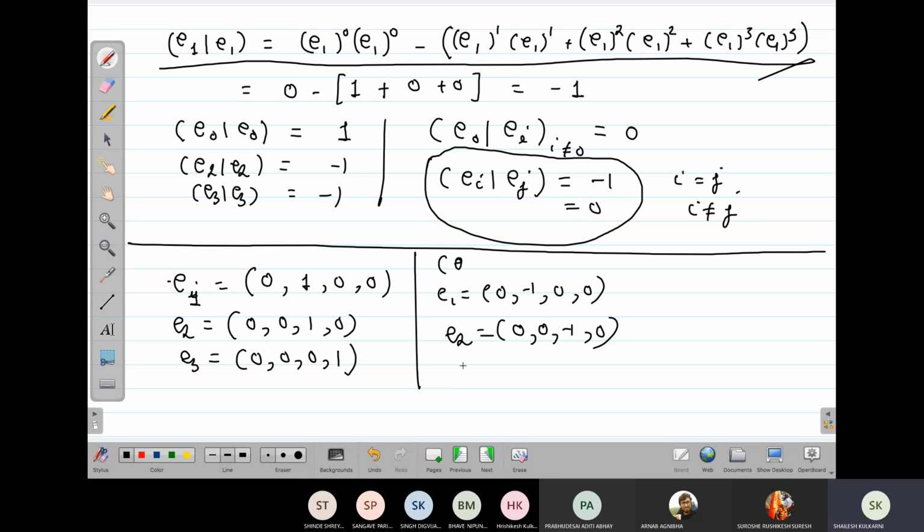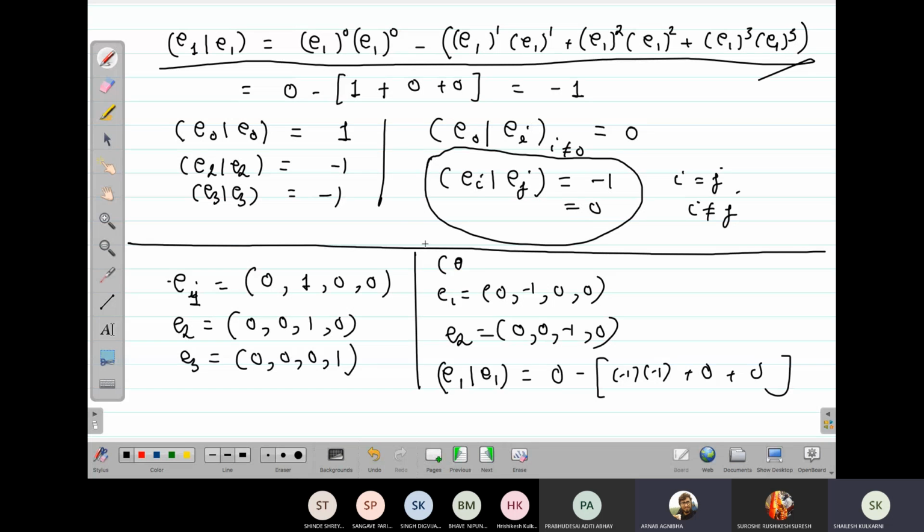E1 inner product with E1: E1 0 E1 0, that will be 0, minus E1 1 E1 1, that is -1 -1, that is 1, plus E1 2 E1 2, that is 0, plus E1 3 E1 3, that is 0. You understand what I am writing here?